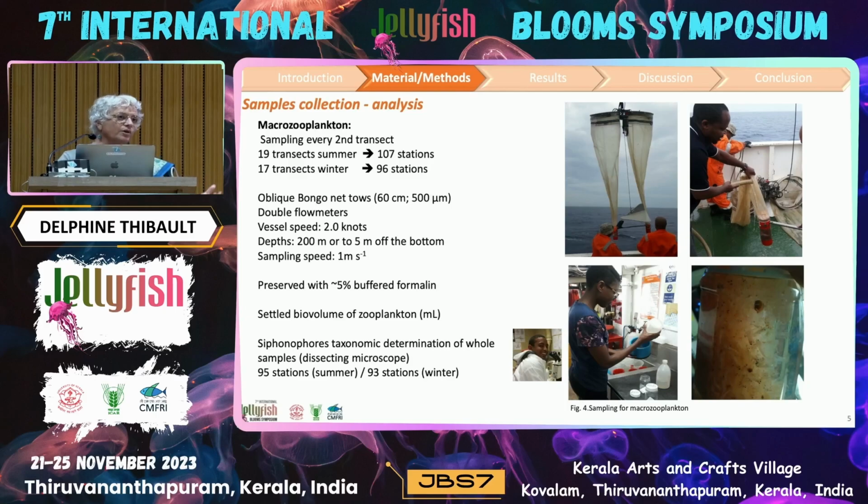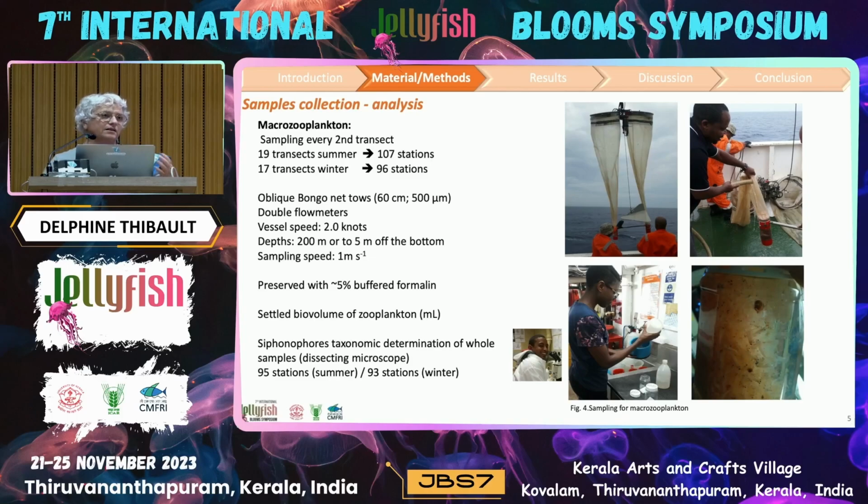Macrozooplankton, among other things, were collected using bongo nets with 50 micron mesh size, and were preserved with formalin. We did settled biovolume, which is a non-destructive, very quick way of knowing how much plankton was there.